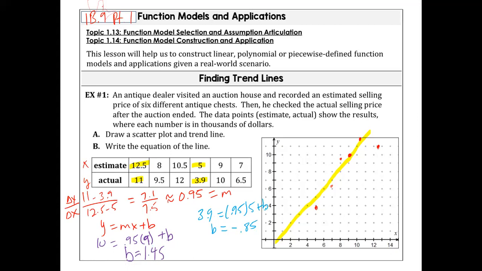Okay. So this one right here is good if you're going to find it for every single one. Does that make sense? And you're trying to find the best, like overall, more accurate estimation. This one is the one you want to do. But I don't see the difference between the b values.